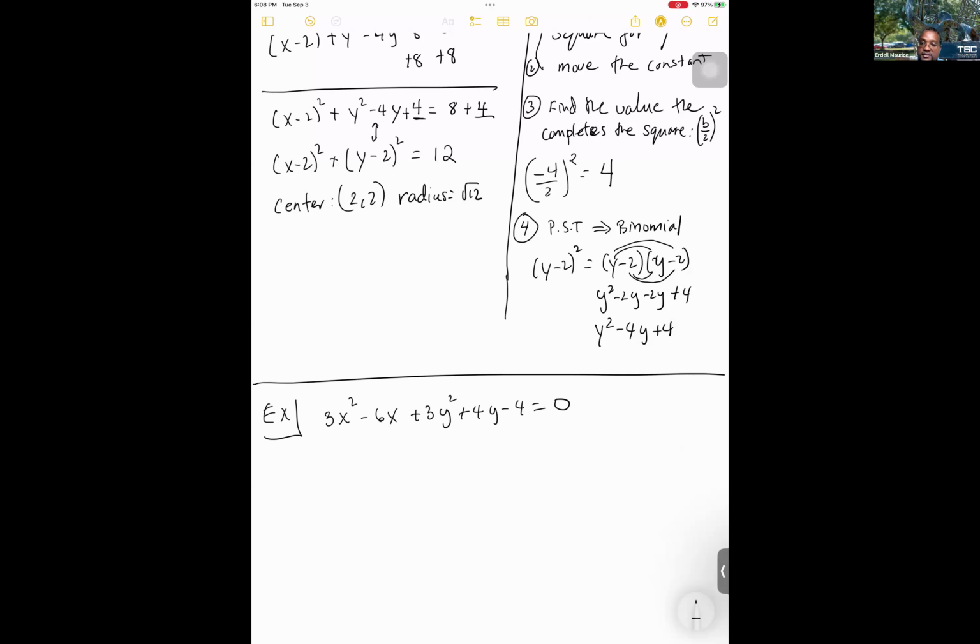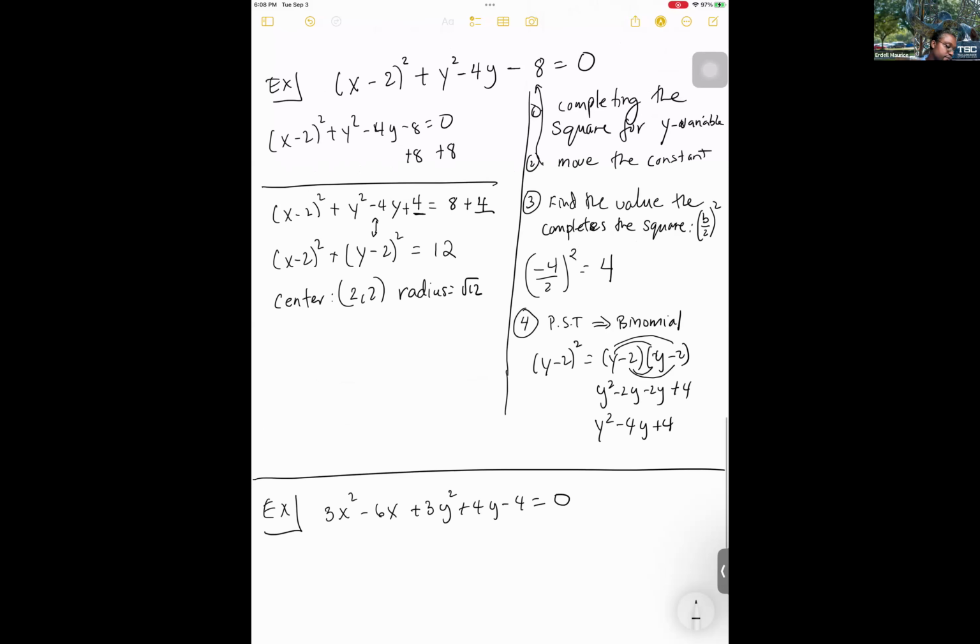To find the center and the radius of this circle, I am going to have to complete the square. And in fact, in my step 1, choosing the variable, I have to complete the square for both x and y.